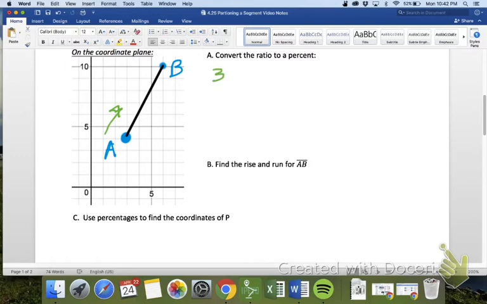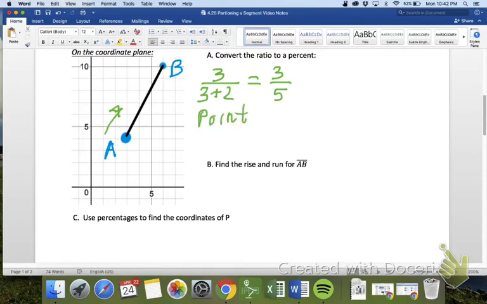So it's 3 units out of the total number of units, which would be, in this case, it's not the 2, that's how many you have left. It would be out of a total of the 3 plus the 2, right? Because we had 5 total segments above. So this gives us a fraction of 3 over 5. And we know that point P is 3/5 of the distance from A to B.